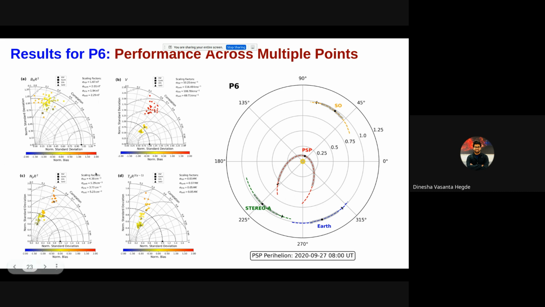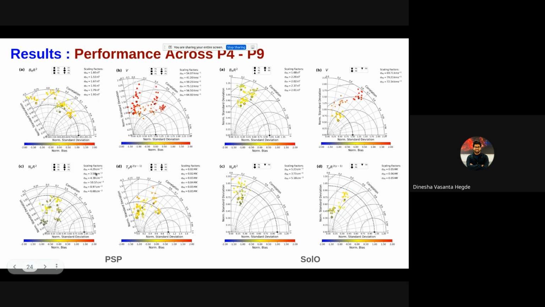Density and temperature follow similar behavior. And due to the nature of this normalized diagram, we can even compare multiple perihelia in the same diagram. For the radial magnetic field, you can see the scatter of the results across the Taylor diagram, with a correlation coefficient from -0.5 to plus 0.7, 0.8.